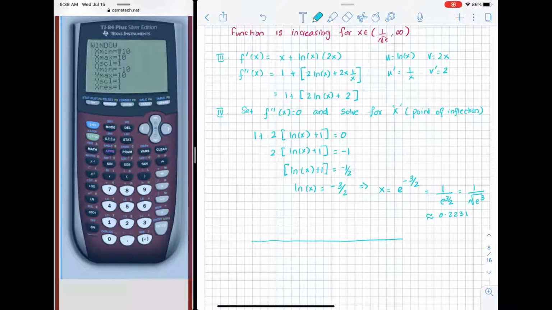So we start at 0 and we go all the way up to 0.2231 and the rest. So pick an easy number between 0 and 0.2231. Well, there isn't anything easy there, so I'm just going to pick 0.1. We have to plug 0.1 in the second derivative.